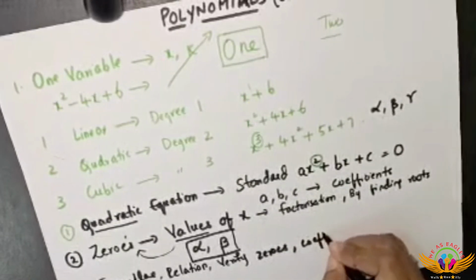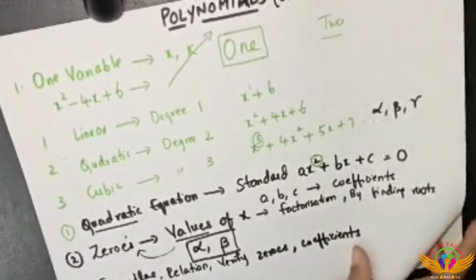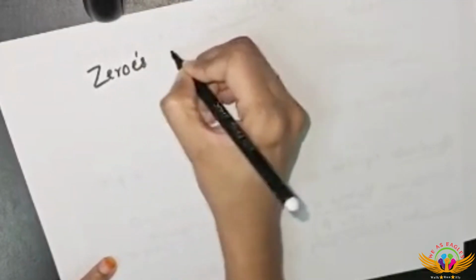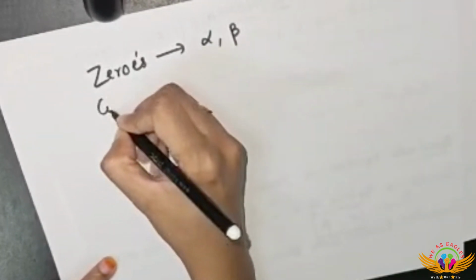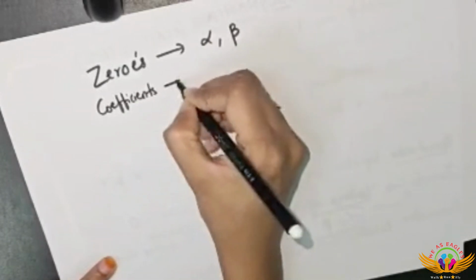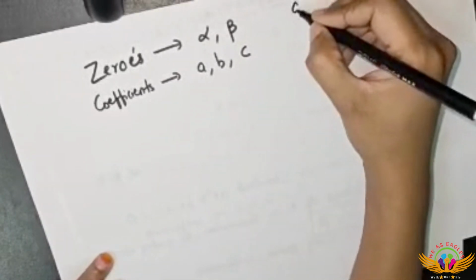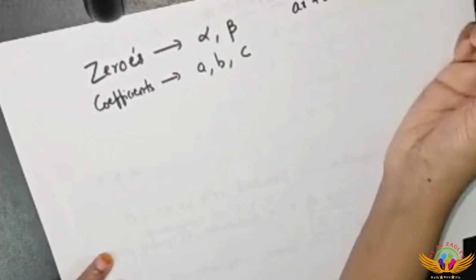So I just want to tell you what zeros and coefficients are. Zeros are alpha, beta. Coefficients are nothing but a, b, c from the quadratic equation ax square plus bx plus c.